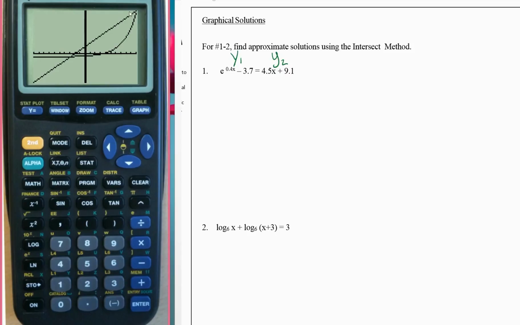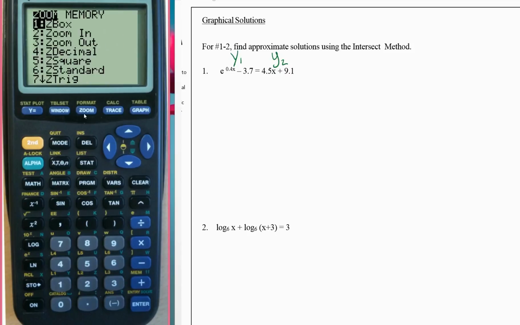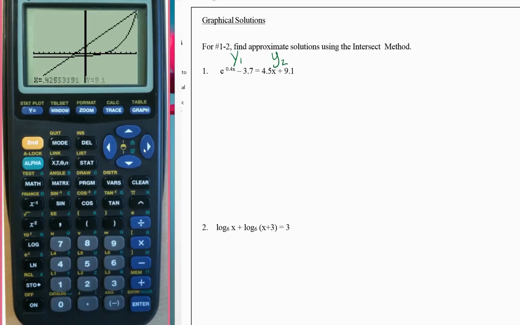We don't quite have it on the screen yet, but we do see it's going to intersect up here. So let's zoom out one more time. And what we really want is up over there. We see we're going to have one intersection over here and one intersection over here. And we need to find the x coordinates of both of them.